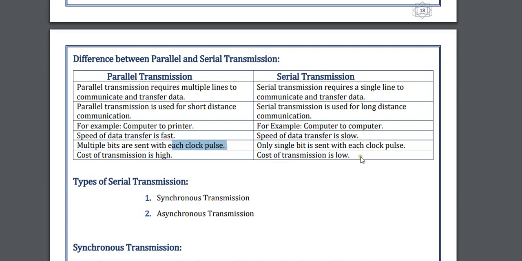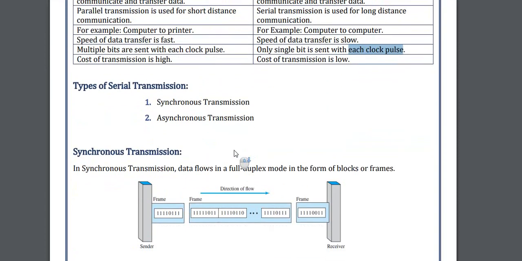Here we use a clock pulse, but there not. The cost of parallel transmission is high, but serial transmission is very low. Sometimes in serial transmission you can also use a clock pulse, but for only a single bit. But in parallel, multiple bits are sent with each clock pulse.